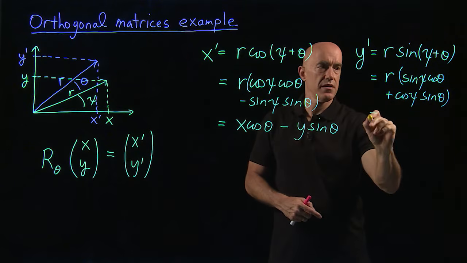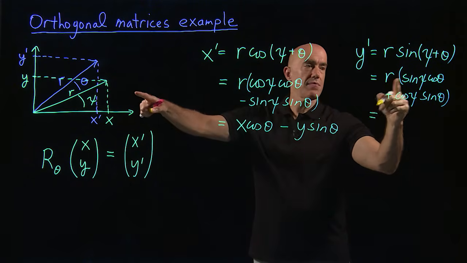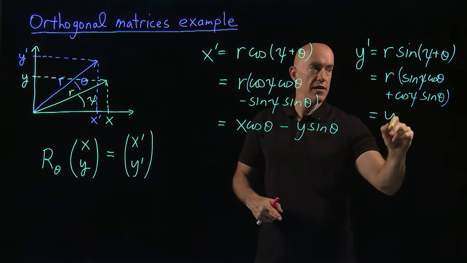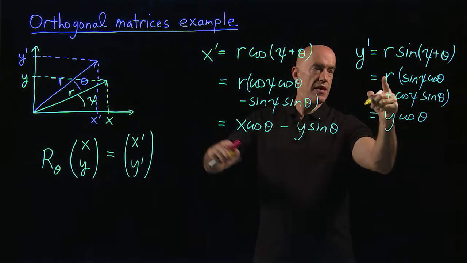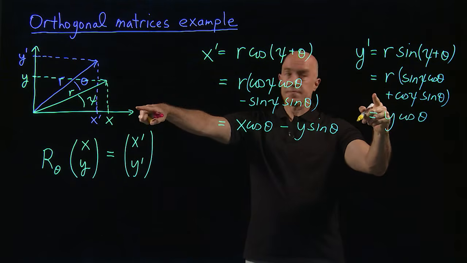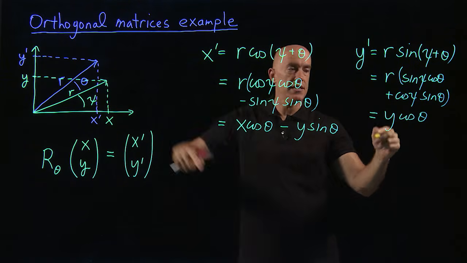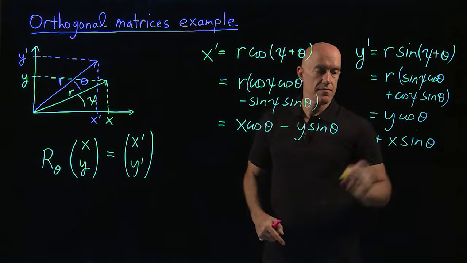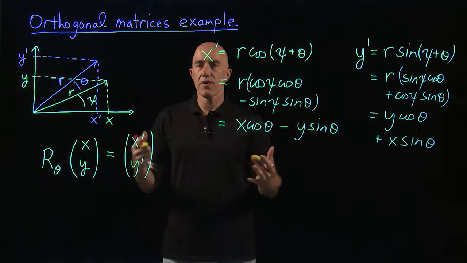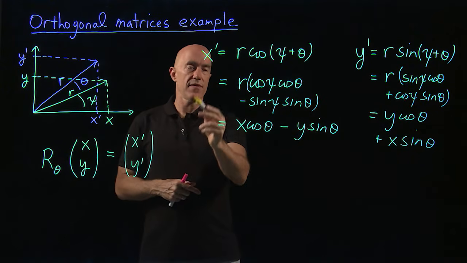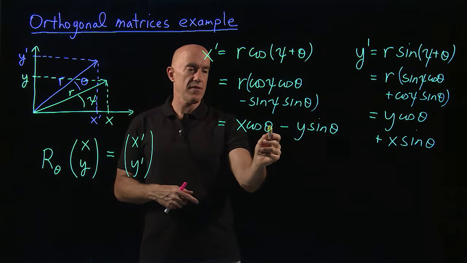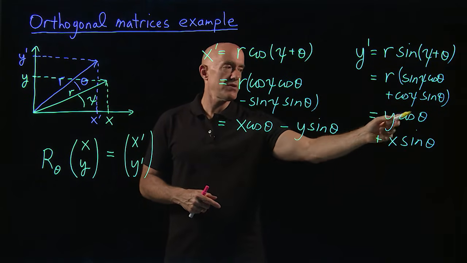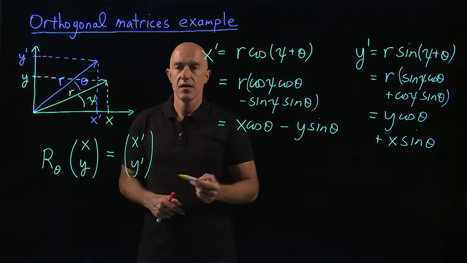And similarly here, r times sine psi is y. So this is y cosine theta. And then r cosine psi is x. So that's plus x sine theta. Okay? So we have two equations here. We have x prime equals x cosine theta minus y sine theta. And we have y prime equals y cosine theta plus x sine theta.